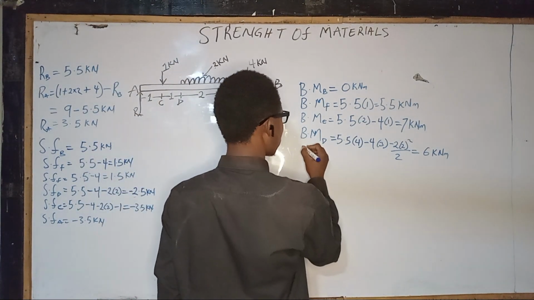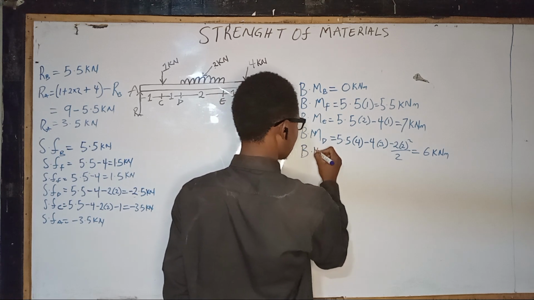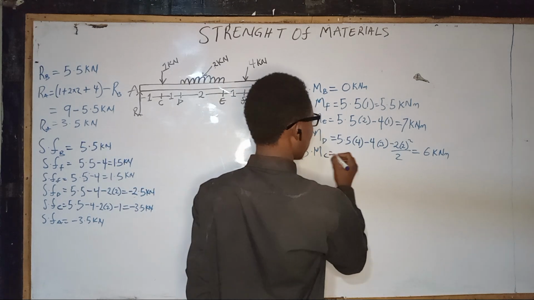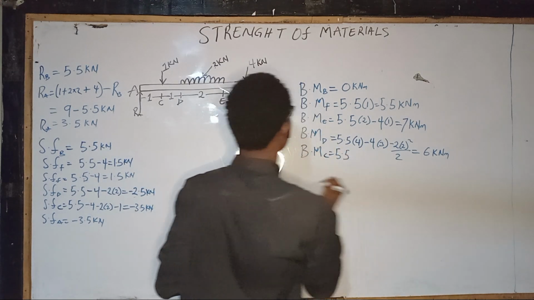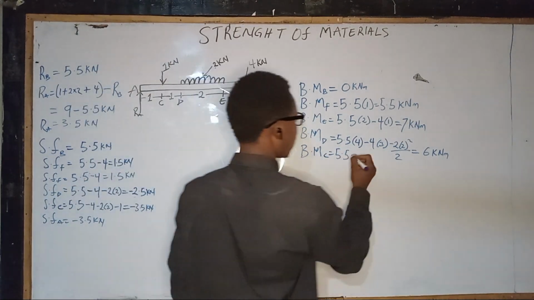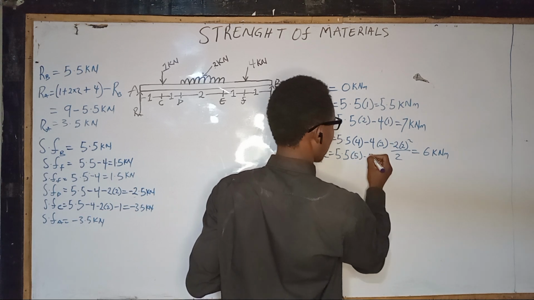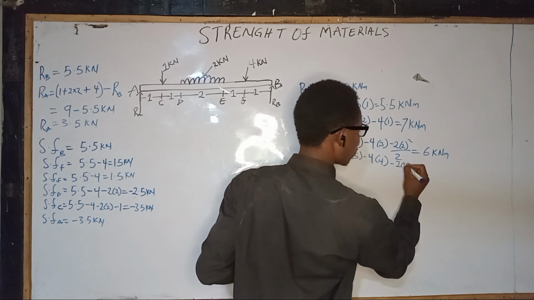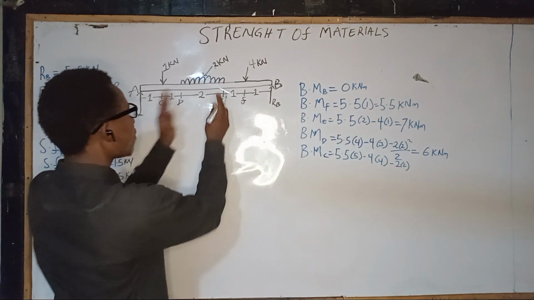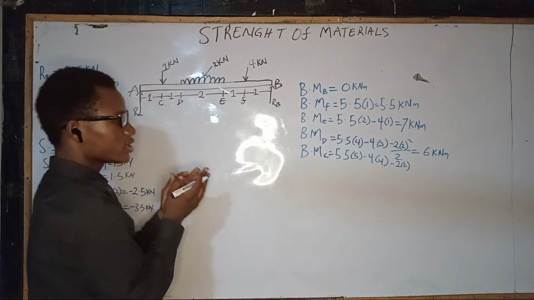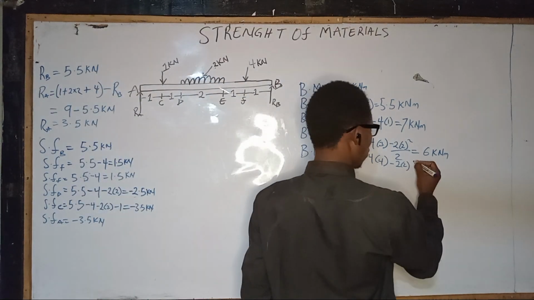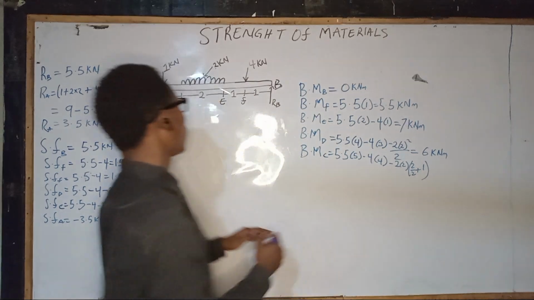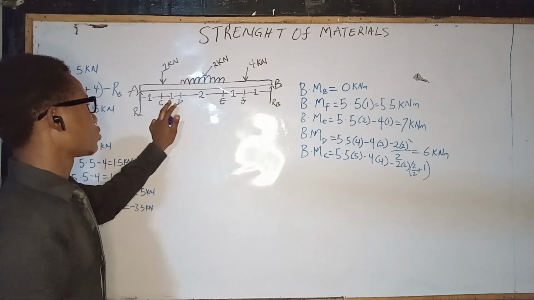So we have the bending moment at C. The bending moment at C here, we have 5.5 times the distance from here to here, that's 5.5 times 5, minus 4 times 4, and minus 2 times 2. Now, in this case, we have a different scenario: 2 times 2, open bracket, 2 over 2 plus 1. That one is the extra value that we are seeing here.